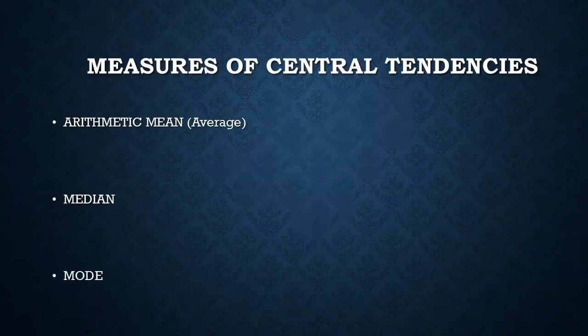Next we have something known as mode, and mode is the value in your data which repeats maximum number of times. Say for example, 1, 1, 2, 3, 4. This is the data given to you in which 1 repeats 2 times. So 1 is repeating maximum number of times in our given data. So 1 is the mode of our data. So as we saw, mean, median, mode are the three measures of central tendencies.